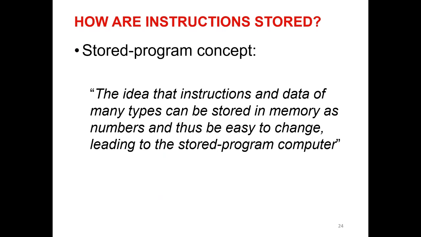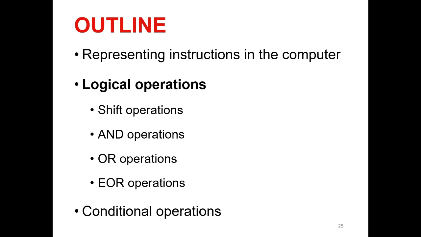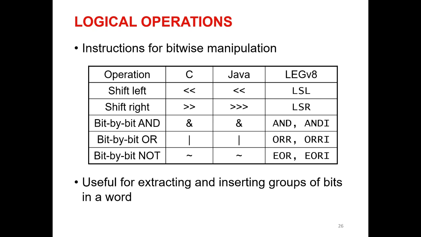Okay, so right now we are going to see some more operations. In this case, we are going to see logical operations. You have seen these operations in the network part. We have shift left and right, and in LEGv8 you have here the equivalent for these logical operations. For shift left, we have LSL, which stands for logical shift left.